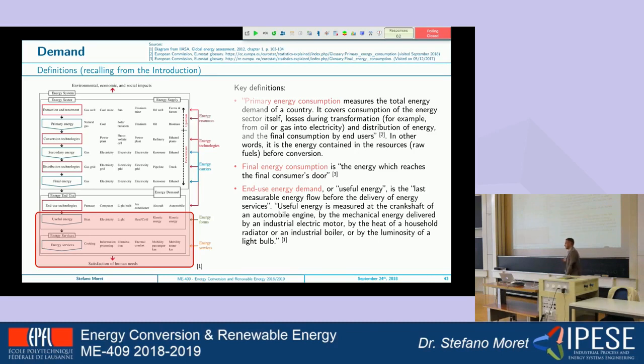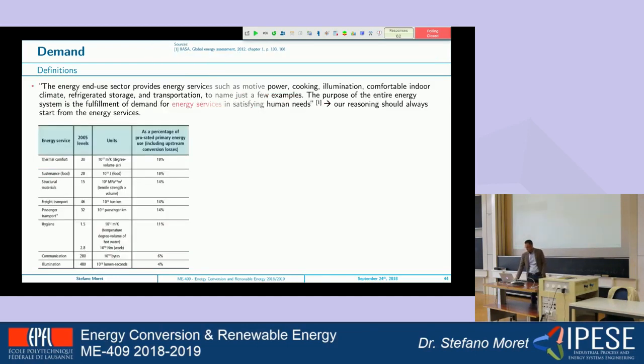So now we are concentrating on the lower part of the figure: the energy service, the human needs, and the useful energy. If you remember what I told before, everything in the energy system exists in order to supply a final energy service, a final energy demand. So what are the energy services that we need?